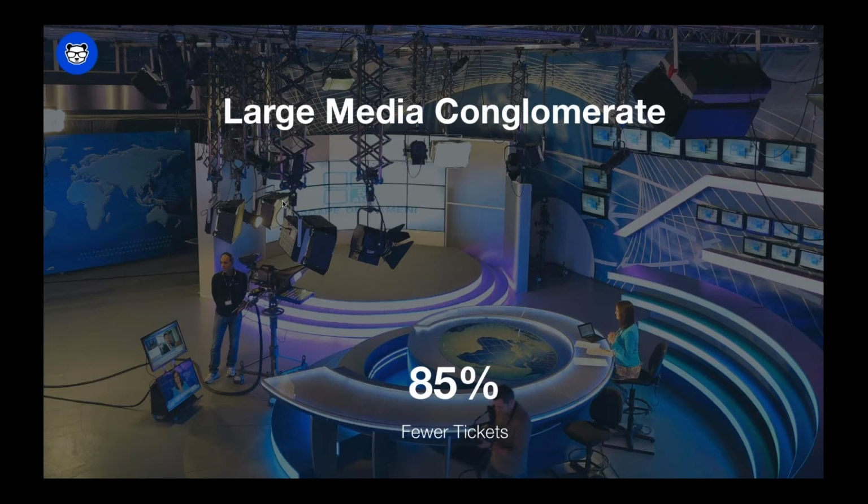And what they were able to do is use machine learning to achieve over a 95% correlation rate in terms of the alert to incident ratios, which then downstream meant that their help desk now had 85% fewer tickets to troubleshoot and manage on a daily basis.